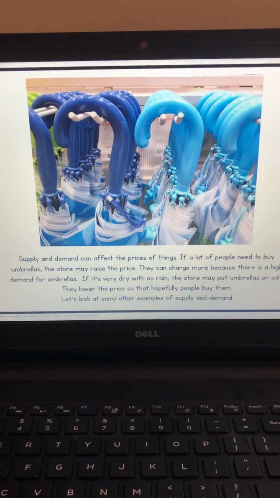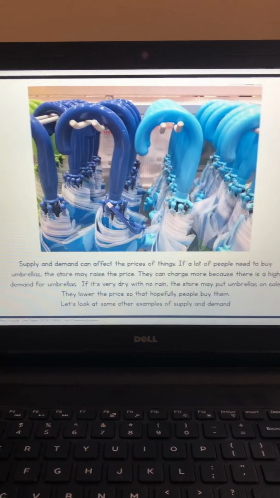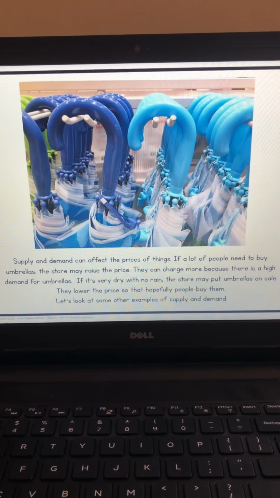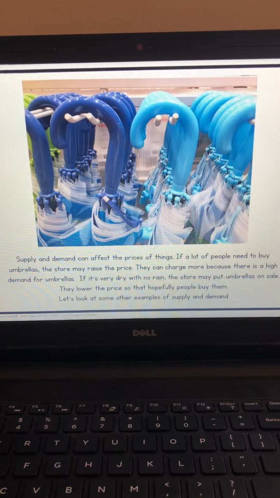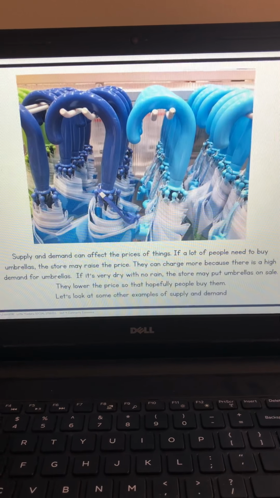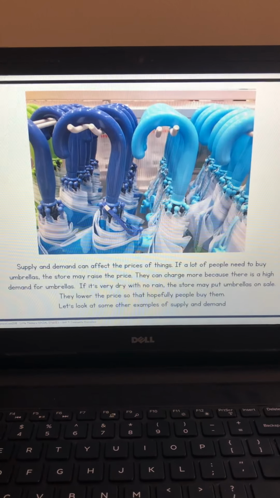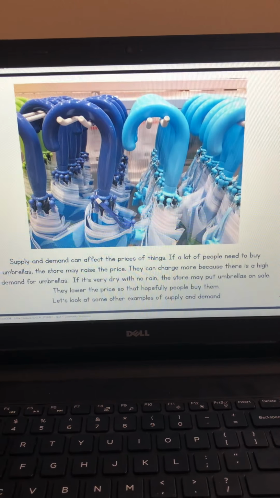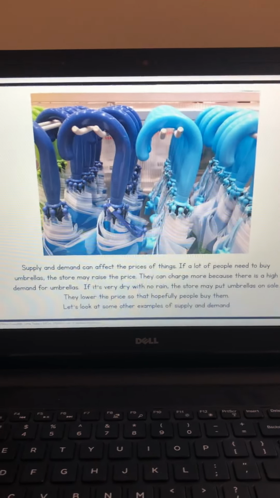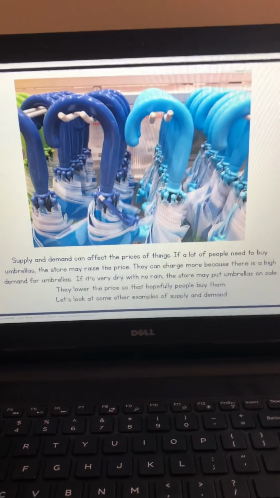Supply and demand affects the price of things. If a lot of people need to buy umbrellas, the store may raise the price. So another way to look at it is, let's go back to the apple example.